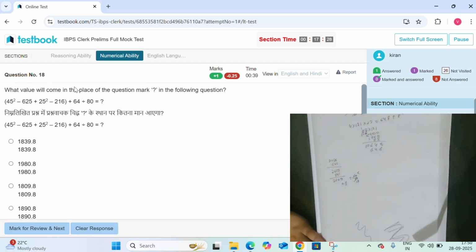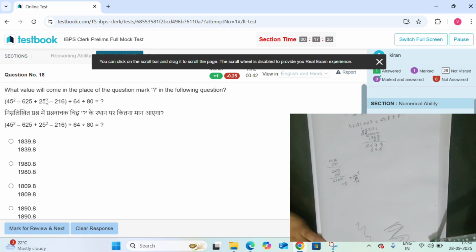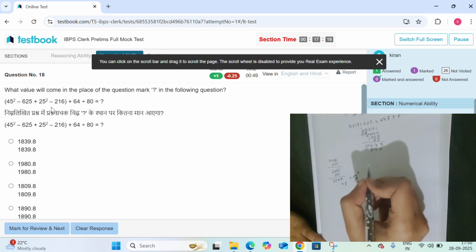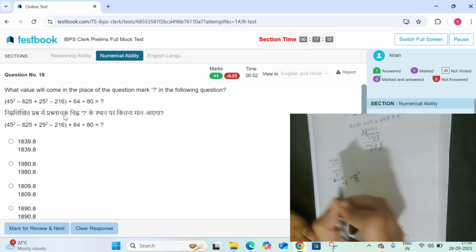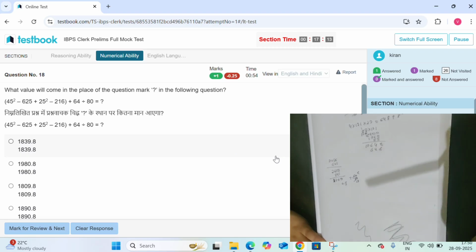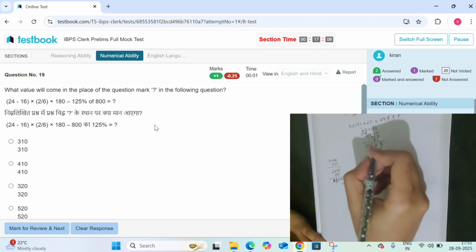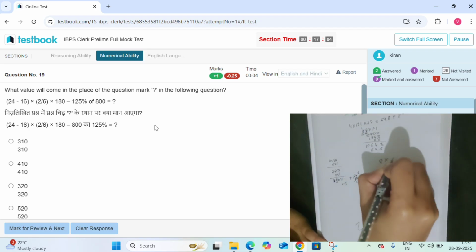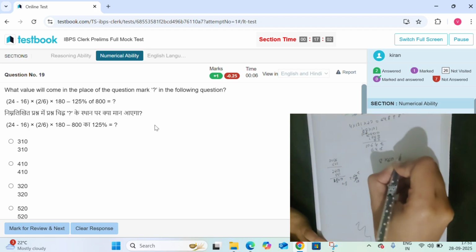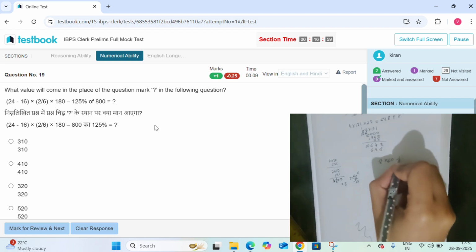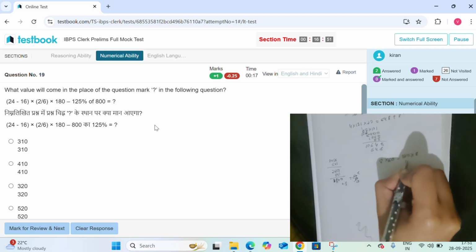2025, right? Minus 60 plus 625 is 2650, minus 841. Okay, sorry, 1809.8. Next, 125% of 800 is 125 into 8, that means 1000 by 8, 1000.